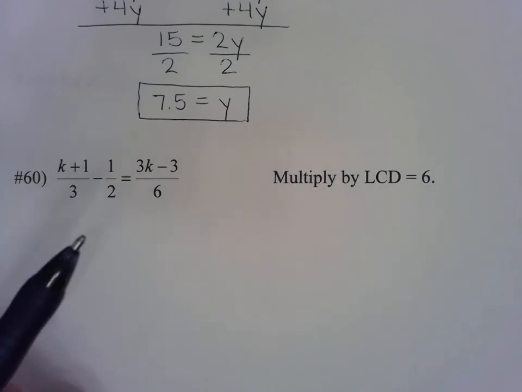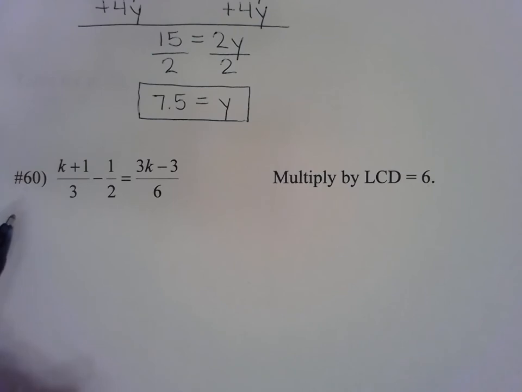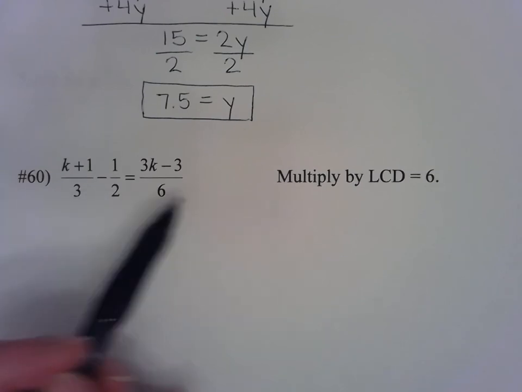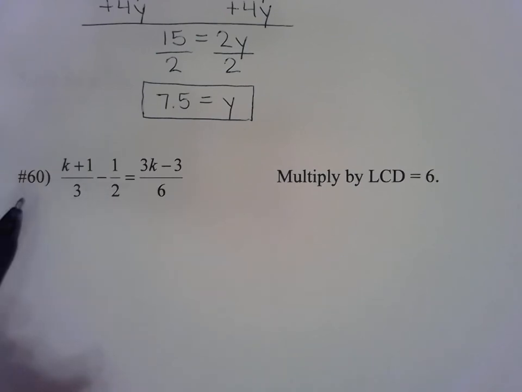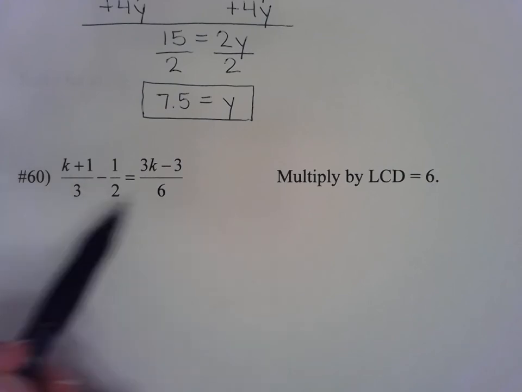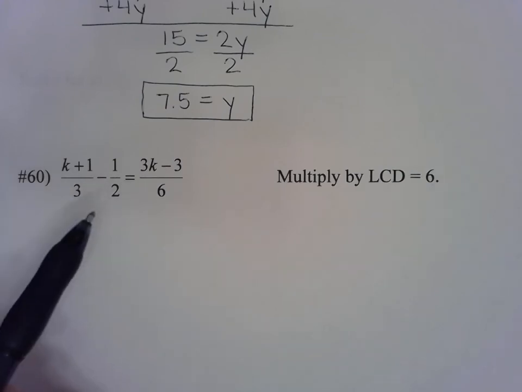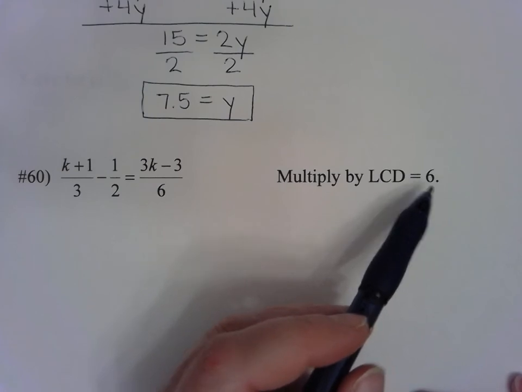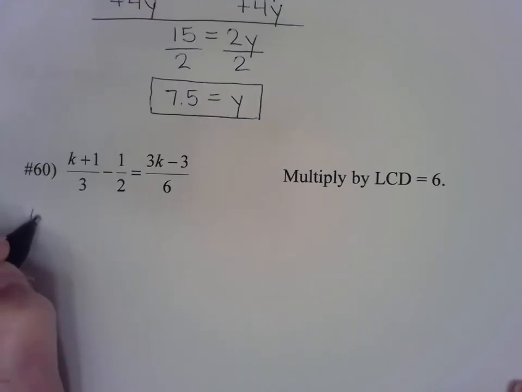Now, could you use something bigger? Absolutely, right? 12 would work because it's divisible by all 3 of these numbers. 24 would work, 18, right? But 6 is the smallest, and that keeps the numbers a little bit more manageable.